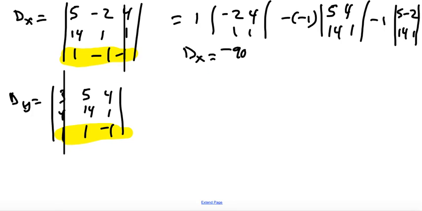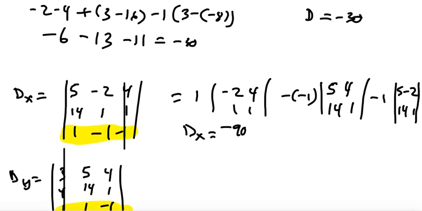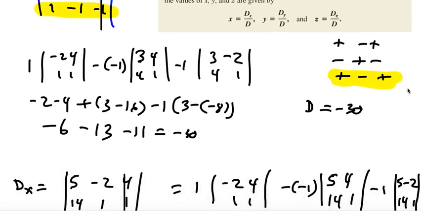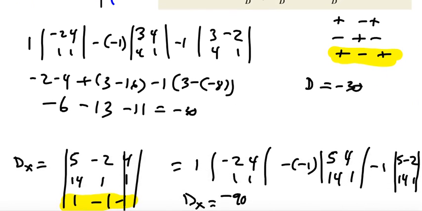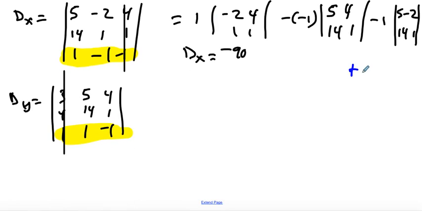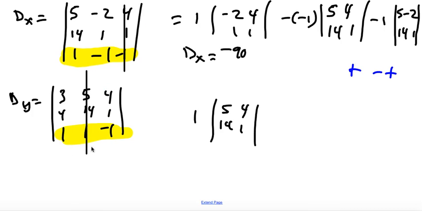And again, just as a reminder, we're using plus, minus, plus as our signs. Maybe I'll just do that right here in blue. Plus, minus, plus. Okay. So 1 times the determinant of 5, 4, 14, 1. So that's where this came from right here. And I just move this guy over.